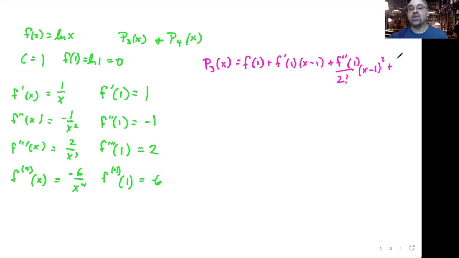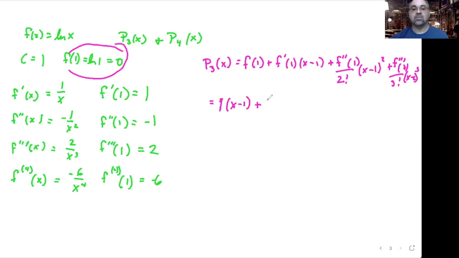And lastly, I'm going to have f triple prime at 1 over 3 factorial times x minus 1 cubed. As I said earlier, f of 1 is 0, so my first term is 0. I'm just going to go straight to the next one. What's f prime at 1? It's 1 times x minus 1, plus f double prime at 1.